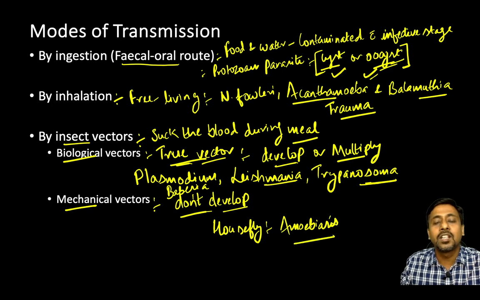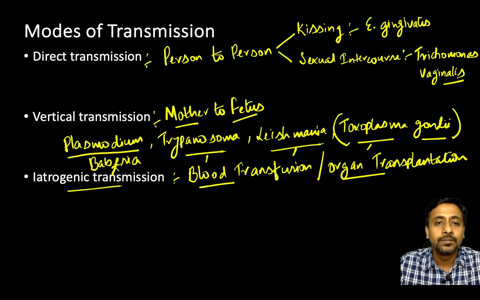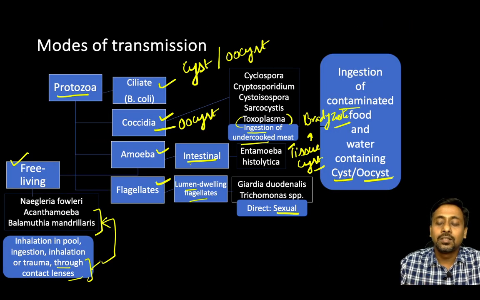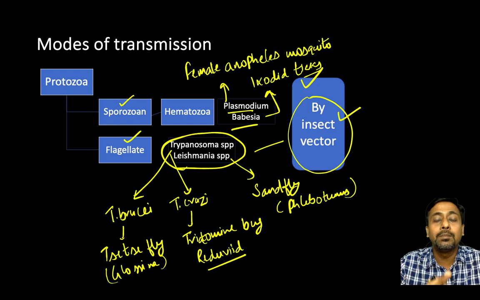They can simply transmit the cyst form from the feces to the food. So ingestion and bite of insect vector are the primarily two modes of transmission seen in protozoan parasites.